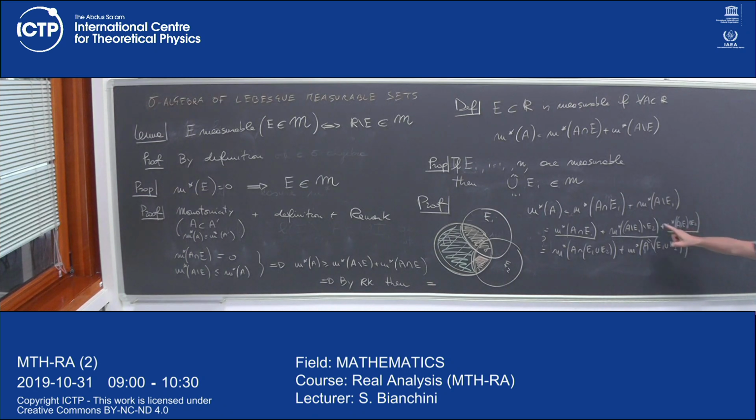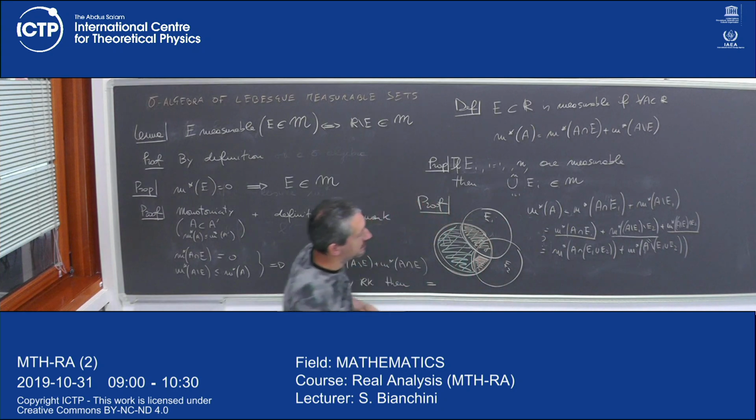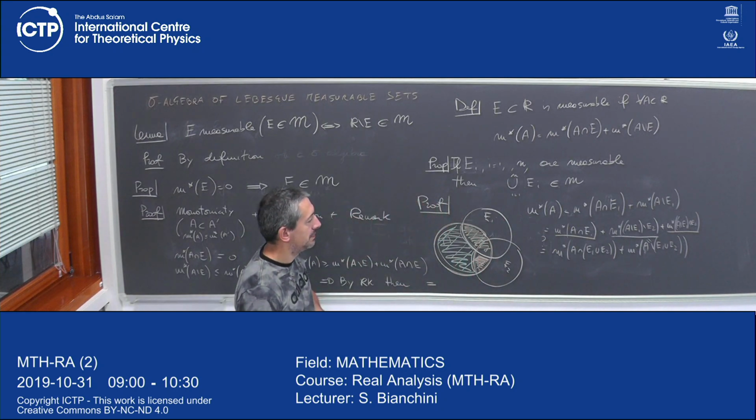And then is it true that this sum is equal to this? So it's the yellow plus the orange. Okay.